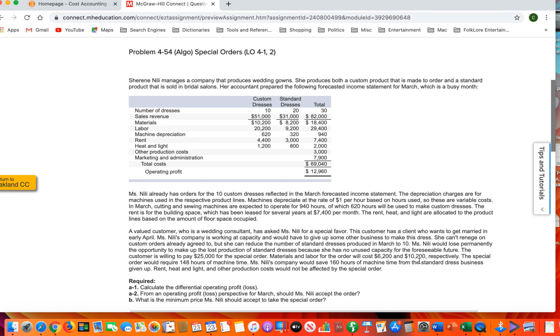If you take $15,500, which is half the standard dresses revenue, minus the $8,860, that's $6,640.